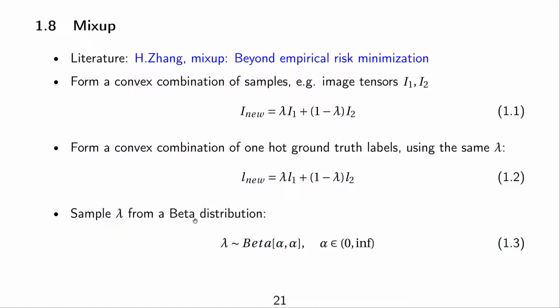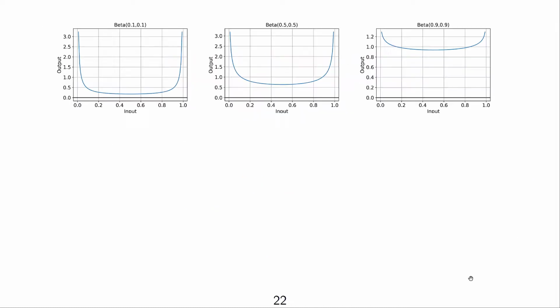Lambda is sampled from a beta distribution. Particularly, lambda is sampled from a beta distribution with parameters alpha and alpha, alpha being something between 0 and infinity. Let's just look at how the beta distribution looks for a smaller alpha. For example, for alpha equal to 0.1, the beta distribution has parameters 0.1, 0.1.